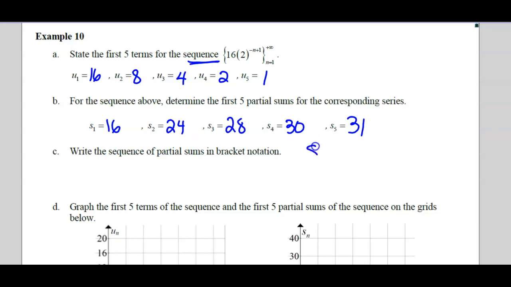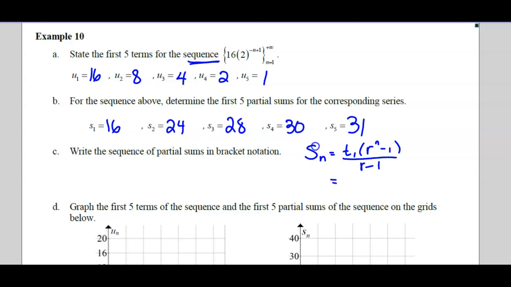So remember for a geometric series, first term times r to the n minus 1 over r minus 1.